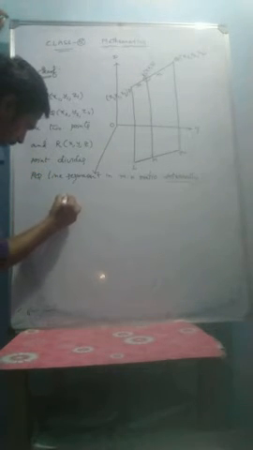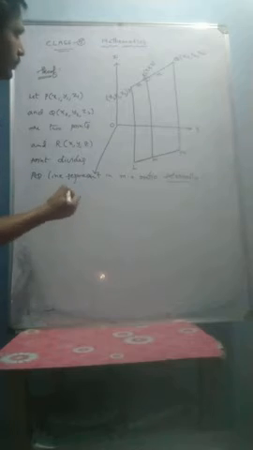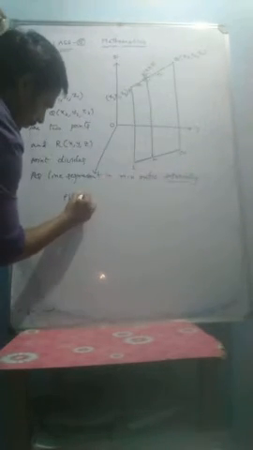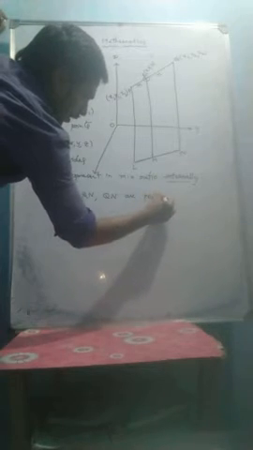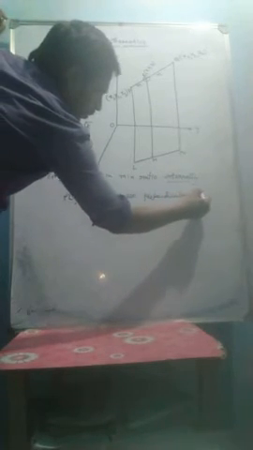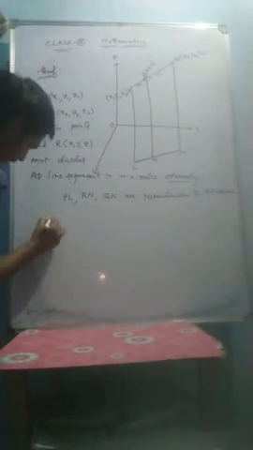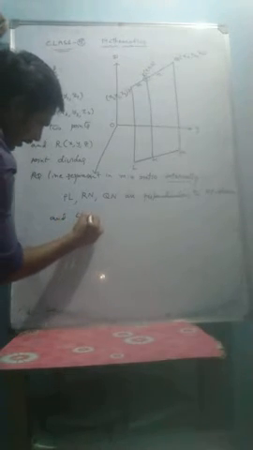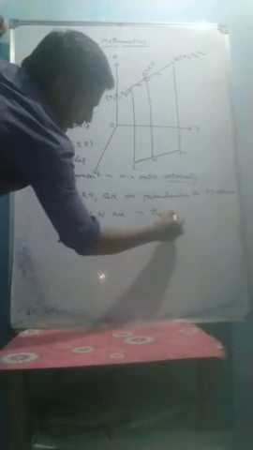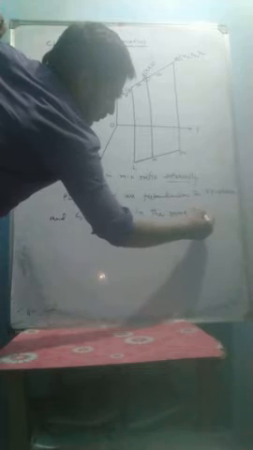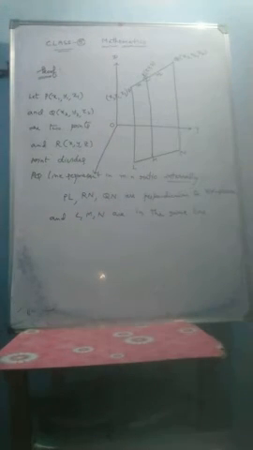Next. So PL, RM, QN are perpendicular to the XY plane, and L, M, N are in the same line. Okay.